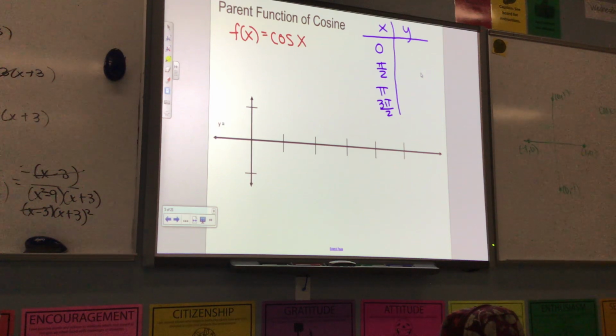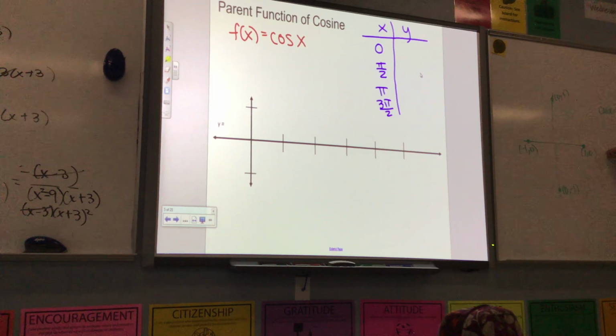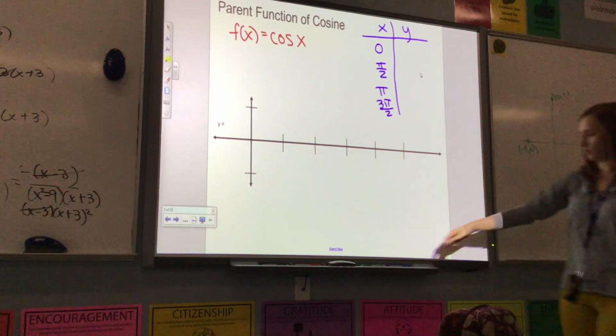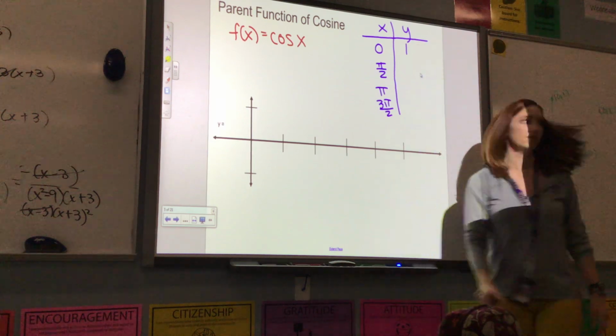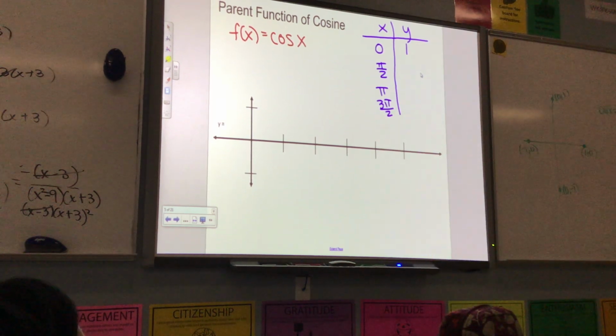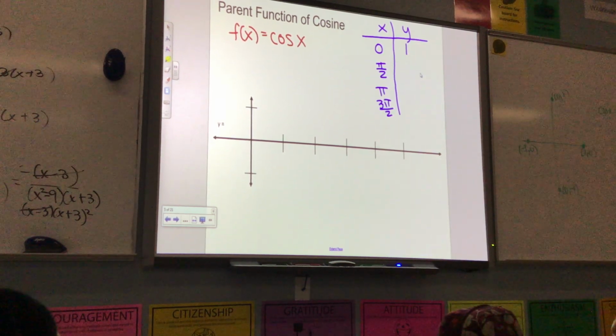Do you agree that cosine is x over r? Yeah. Okay, and I've listed out your ordered pairs, so you really want your x value of each of those ordered pairs over 1, because your radius is 1 for all of those. Cool. So, at 0, what's my x value? So it's 1 over 1, which is? At pi over 2, what's my x value? 0.